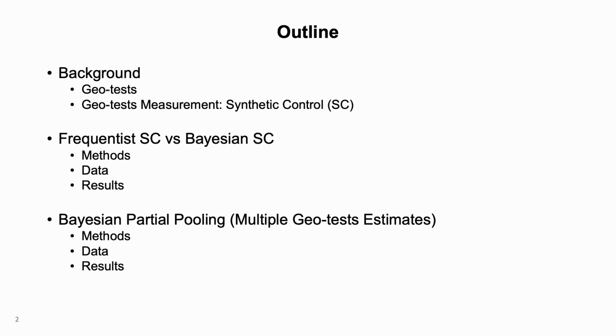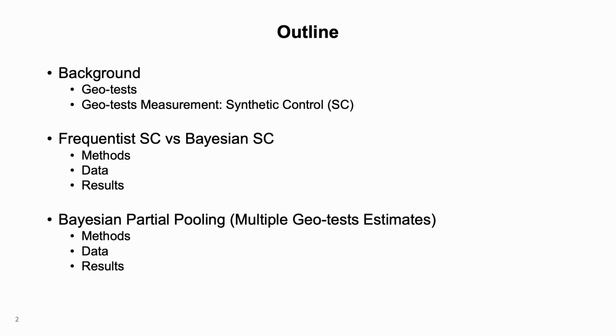In the second part, we applied Bayesian partial pooling, or multi-level modeling, to multiple Geo-test estimates. The main reason for this part is the noisy nature of the Geo-test data.